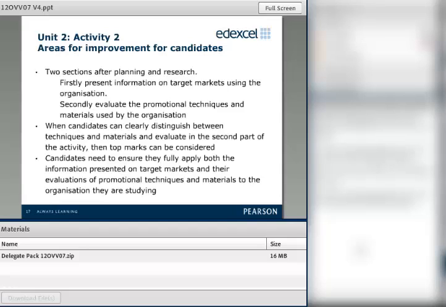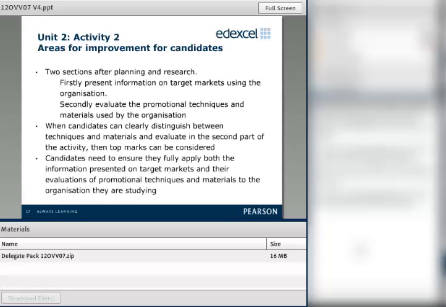For some strange reason, it's becoming less now, but certainly in the first year, a lot of centres didn't present information on target markets, which made it quite difficult because obviously there are 6 marks allocated for that section of the activity. As moderators, we did go through the promotional techniques and materials used and picked out any parts that were relevant to the target market.